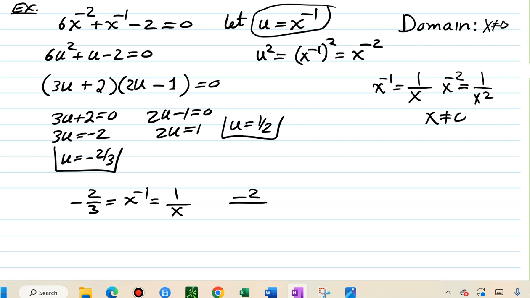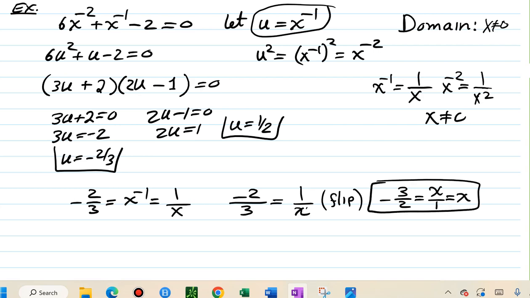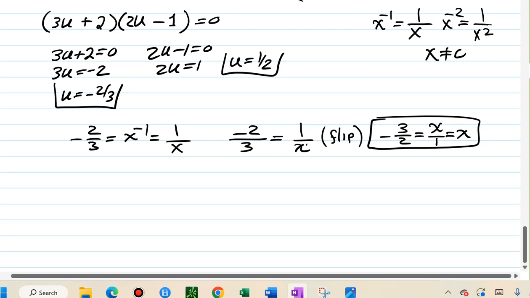Let me just show you. We can flip both fractions. If we flip them, then we get negative 3/2 equals x over 1, which is just x. And there, we solved it. X is negative 3/2. Or we can cross multiply because we have a proportion.